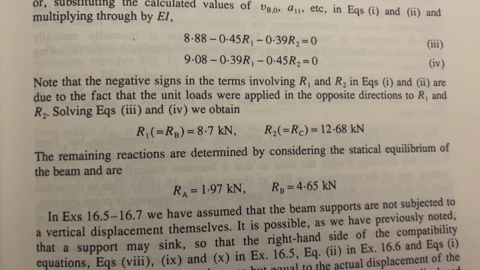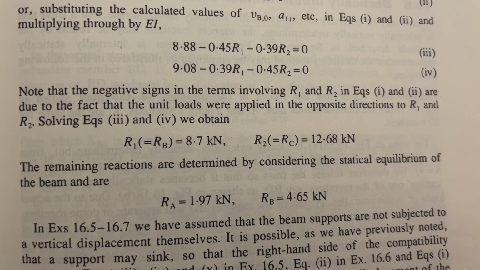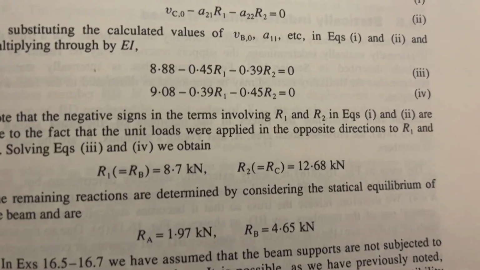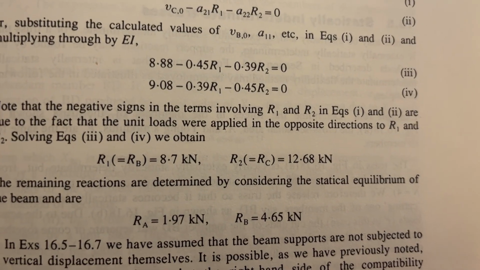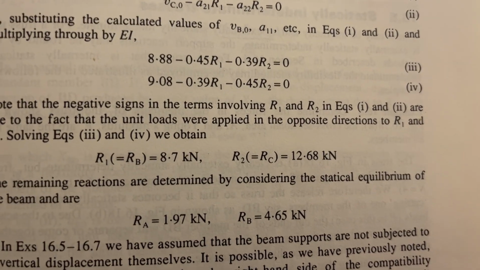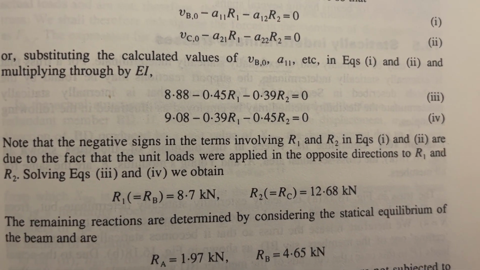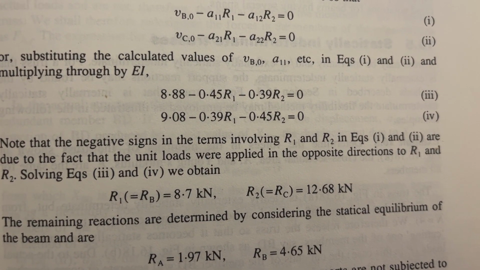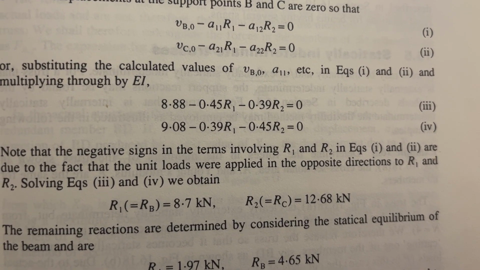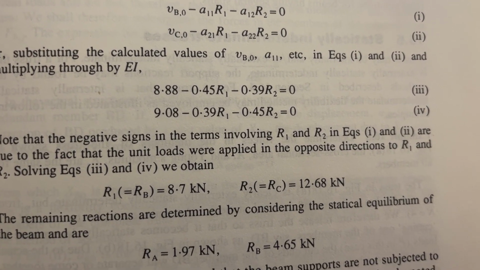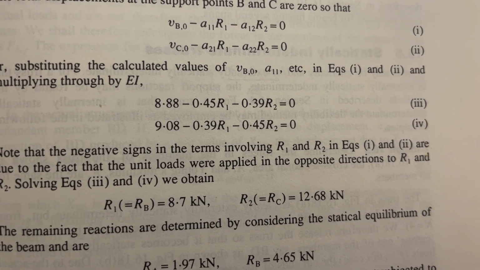Solving equations 3 and 4, we obtain R1 equals RB equals 8.7 kilonewtons. You're not showing how it's done, but you've got to solve these simultaneous equations: 0.45 R1 plus 0.39 R2 equals 8.88, and 0.39 R1 plus 0.45 R2 equals 9.08.